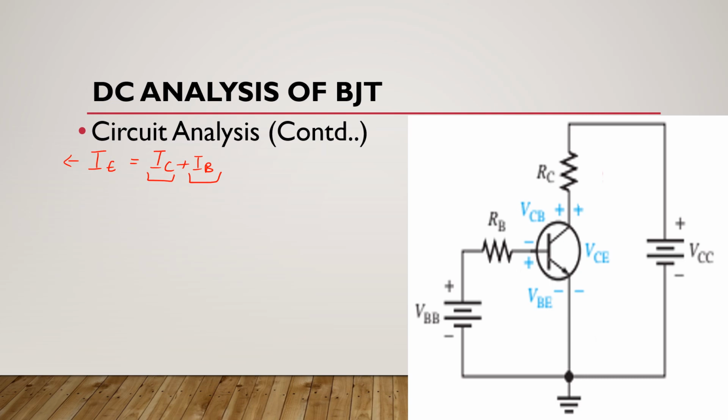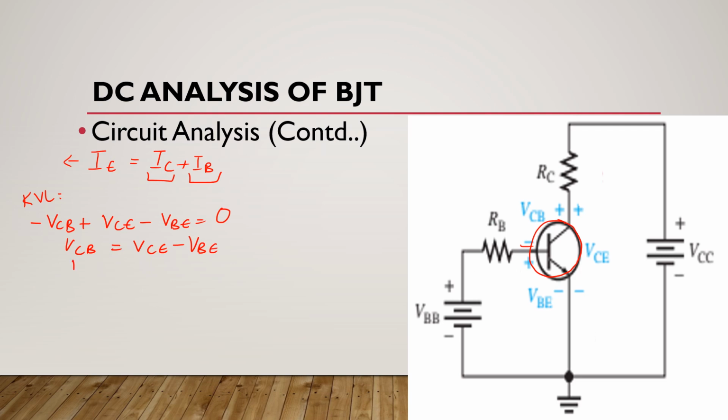Now, look at this region. If we apply KVL here and if we start from this point, then what would be our KVL equation? It will be minus VCB plus VCE minus VBE is equal to 0. And if we rearrange this equation, we get VCB is equal to VCE minus VBE.